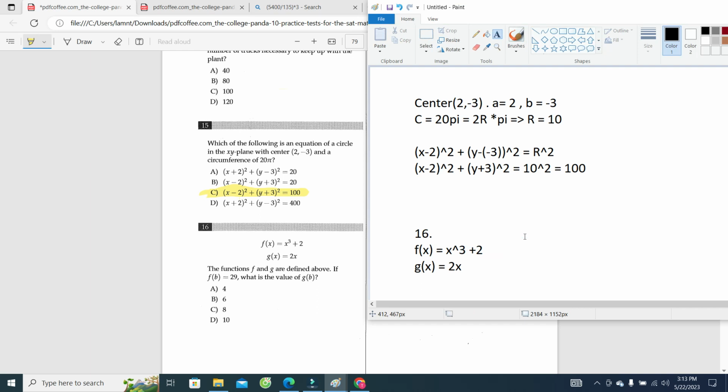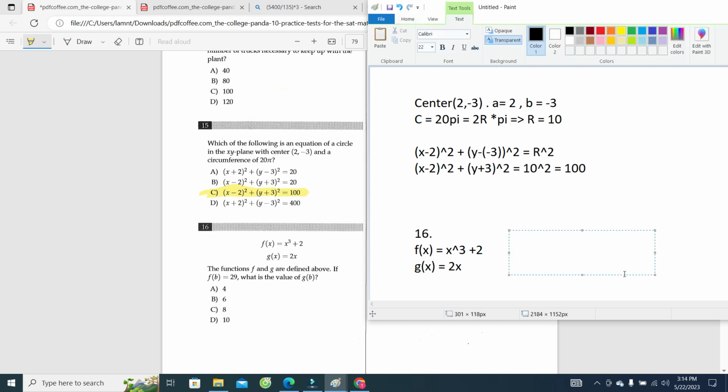So we know that f of b is equal to 29. For 16, f of b equal to 29 means that b cubed plus 2 is gonna be equal to 29. And you can easily show b is equal to 3, just put in 3 cubed is 27 plus 2 is 29.